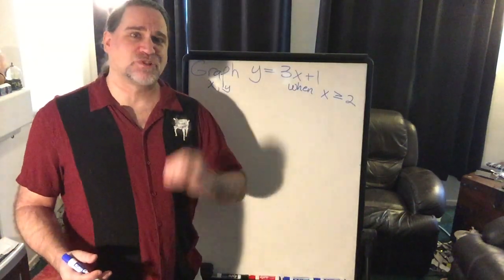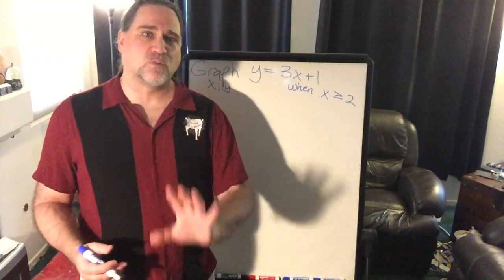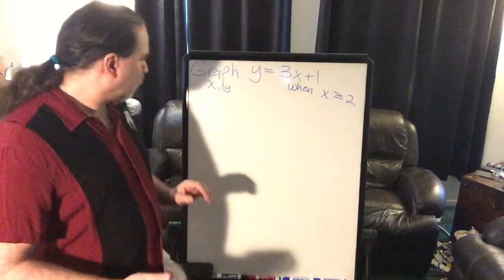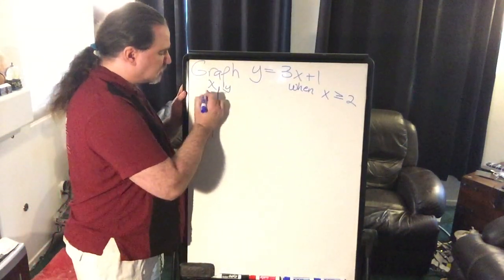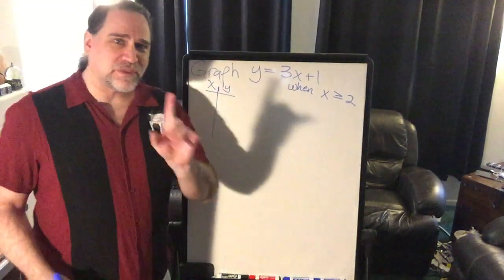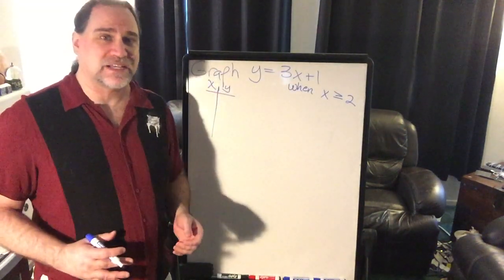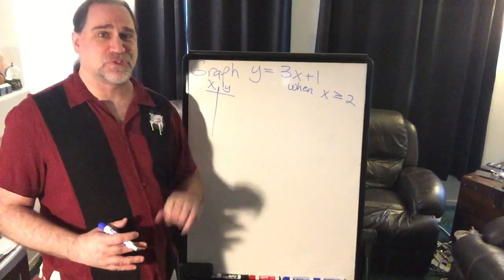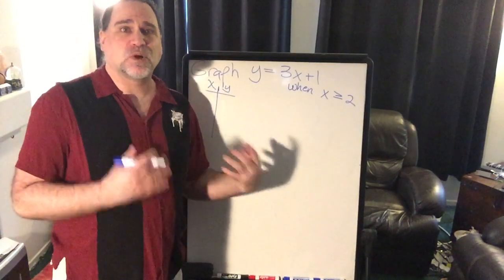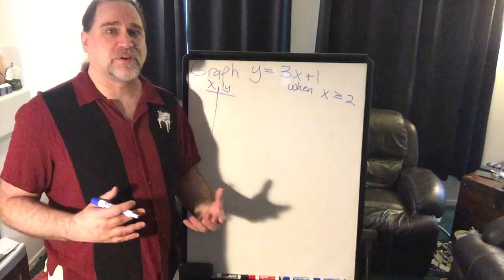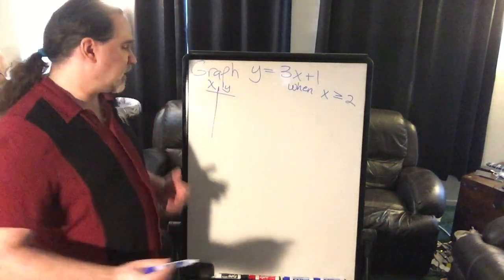But we have this restriction, this limitation on what x can be. So when I go to make my table, I'm still going to do the same process. The only real big change is when I go to pick my values for x, I have to adhere to my restriction, my inequality that tells me I'm only allowed to pick values 2 or greater.